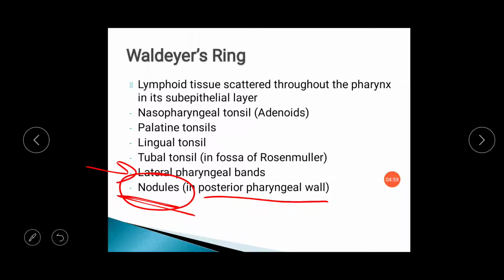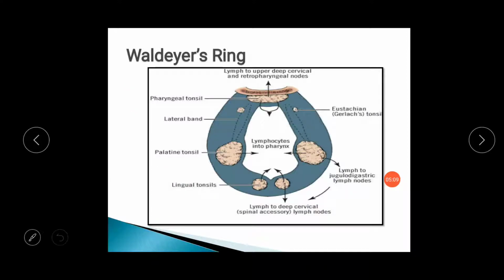These nodules we can see in the oropharynx on opening the mouth in a patient with chronic granular pharyngitis. This Waldeyer's ring and its substances help in local immunity and the defense mechanism of the pharyngeal cavity.